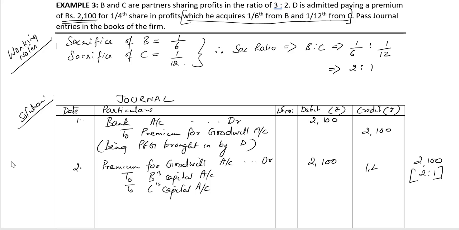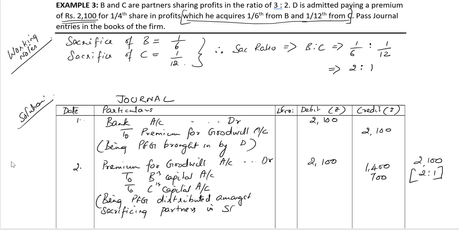So against B we will write 1,400 and against C we will write 700, being premium for goodwill distributed among sacrificing partners in their sacrificing ratio.